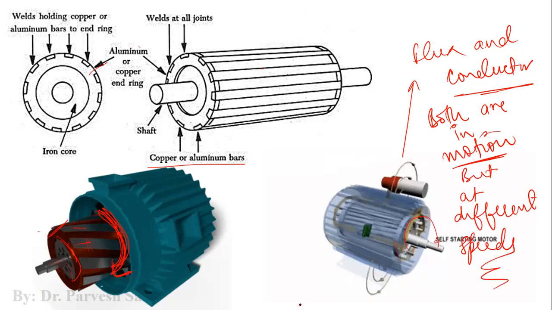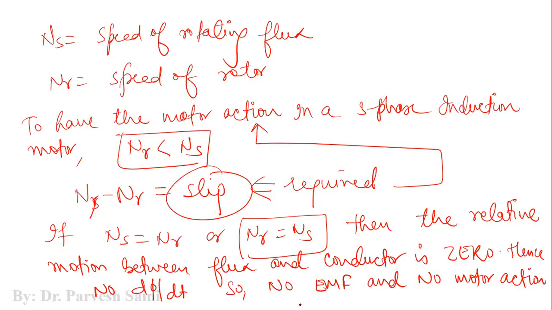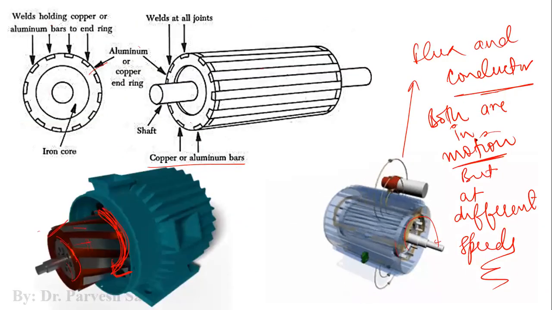This is the necessary condition, otherwise we will not have any induction. So to have this motor action in a three phase induction motor, the condition is that there should be a slip, and slip should not be zero, right? And nr should be less than ns. Otherwise there will not be any motor action, because of the relative velocity; both the flux as well as the conductor rotate in the same direction, right?